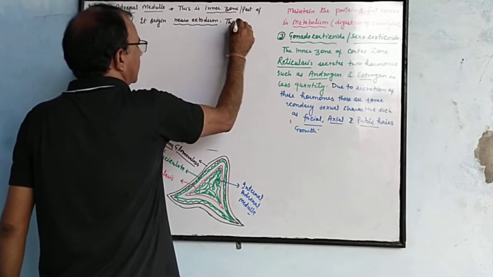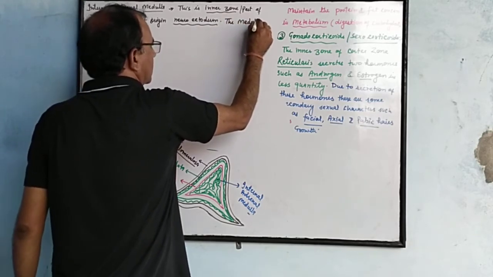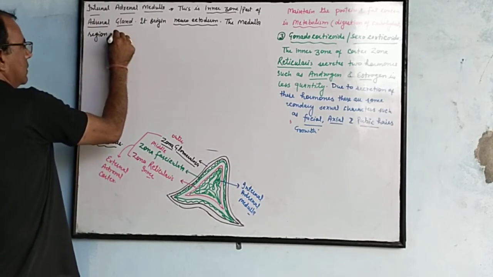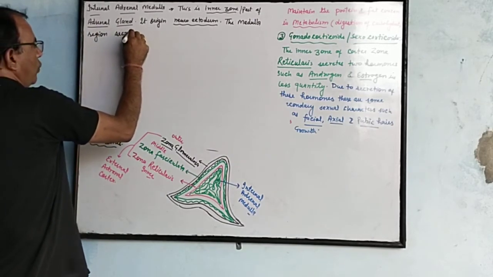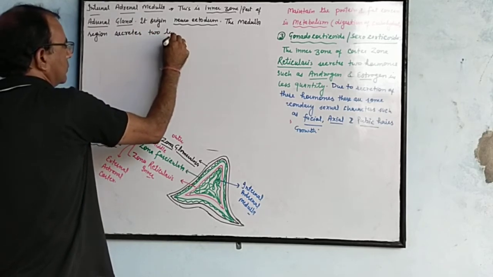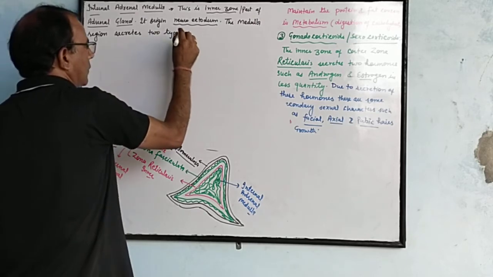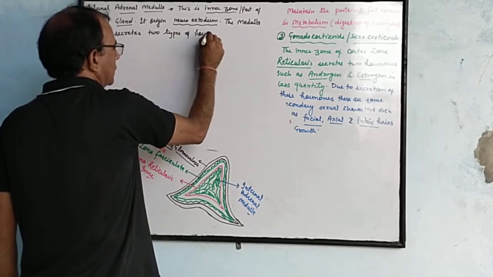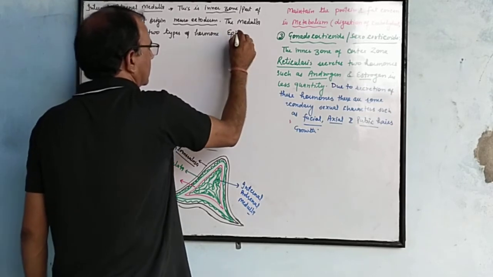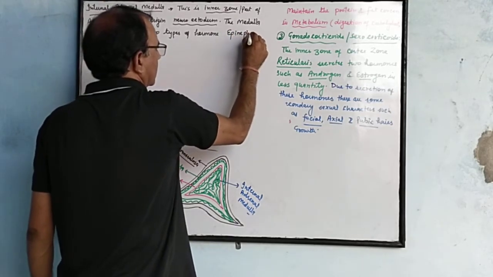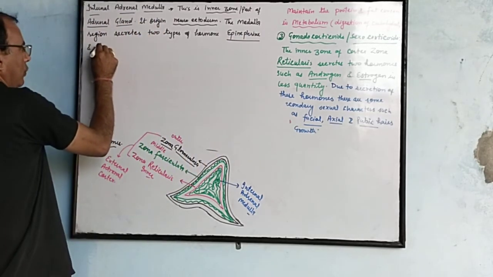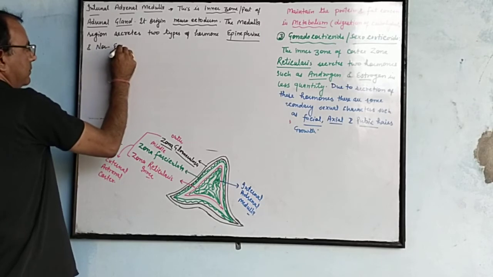The medulla region secretes two types of hormones: epinephrine and norepinephrine.